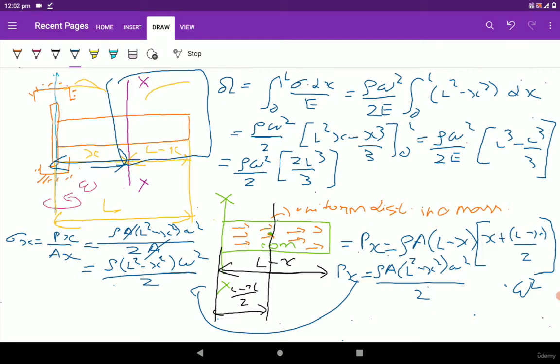In the final equation, delta L is equal to rho omega square L cube by 3E. So this is the final expression for change in length. This marks the completion of the first section, and we'll start the second section tomorrow. So for now, thank you.